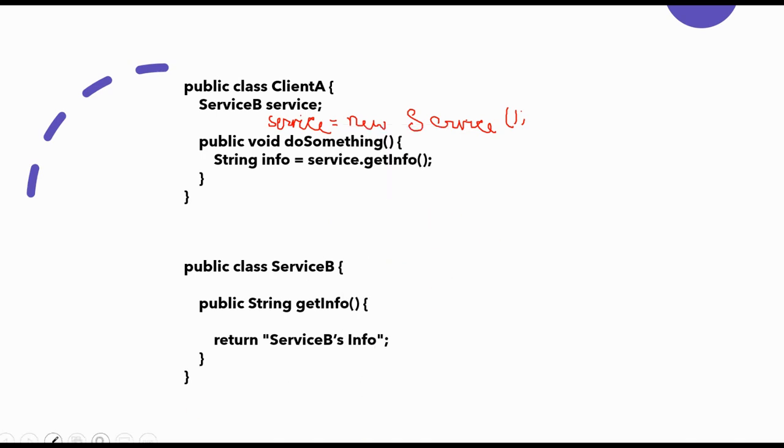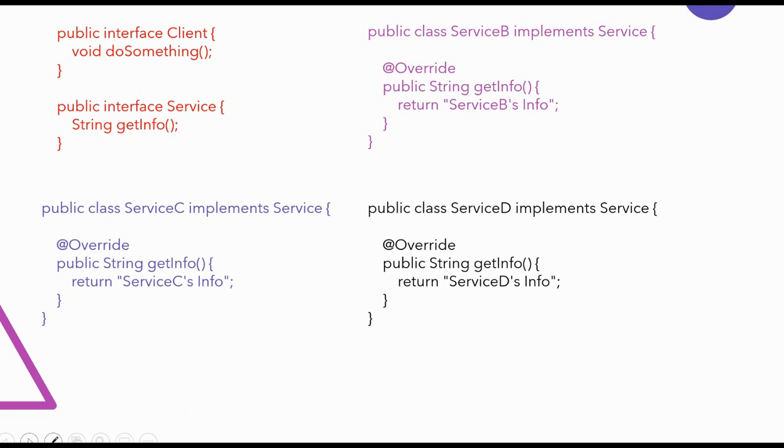But for example, if we create two interfaces, a client interface and a service interface, and we have Service B, Service C, Service D, all service classes implement the service interface and implement the get info method according to their requirements.